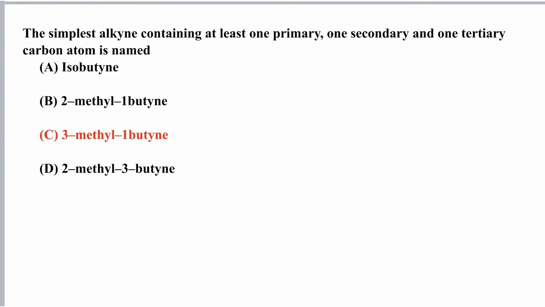In this question we have to find the simplest alkyne containing at least one primary carbon, one secondary and one tertiary carbon atom. Now simplest alkyne means alkyne with minimum number of carbons which must contain primary, secondary and tertiary, all the three types of carbon atom.